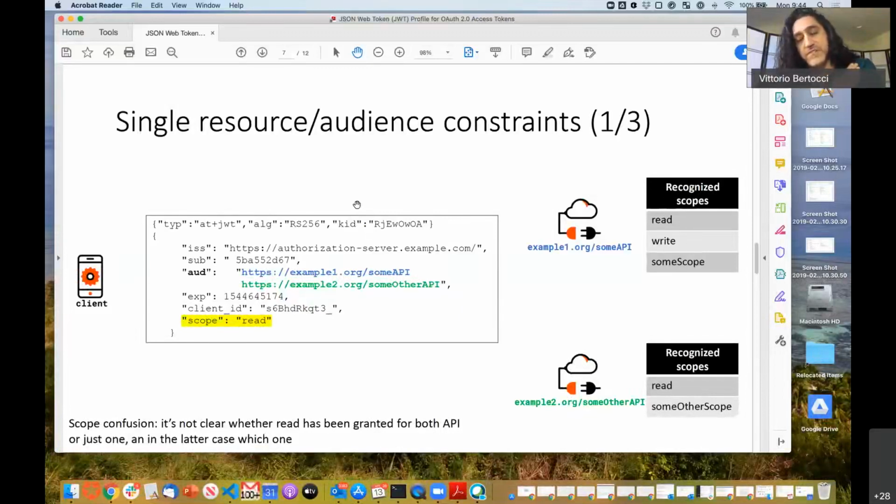Now, we had a long discussion on the list about mitigations, sorry, my English is not great today. It's true that potentially you can do scope stuffing. Instead of read, you could have a scope which clearly refers to one particular API.